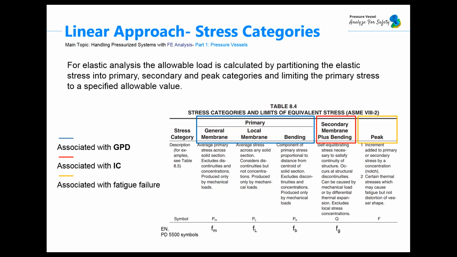And the code categorizes the stresses into 3 categories, and then the main task for the designer or FEA engineer is to classify resultant stresses to the right category. And from this moment, let's talk a little bit about those stresses.